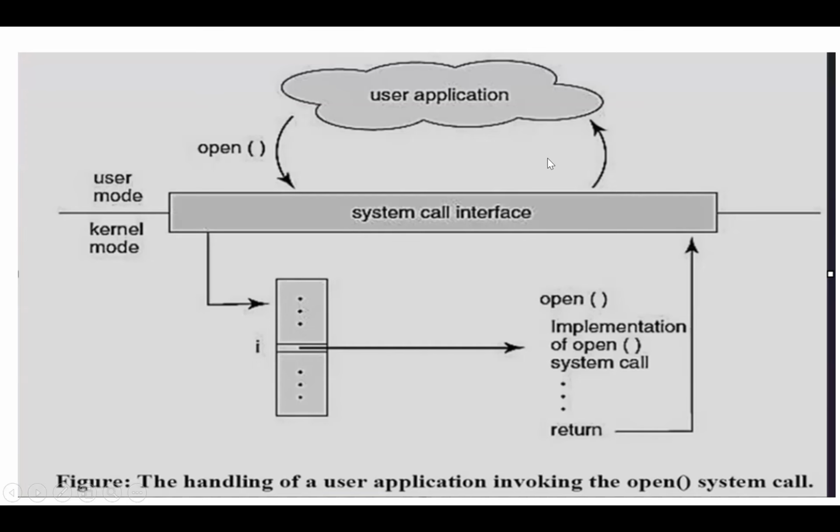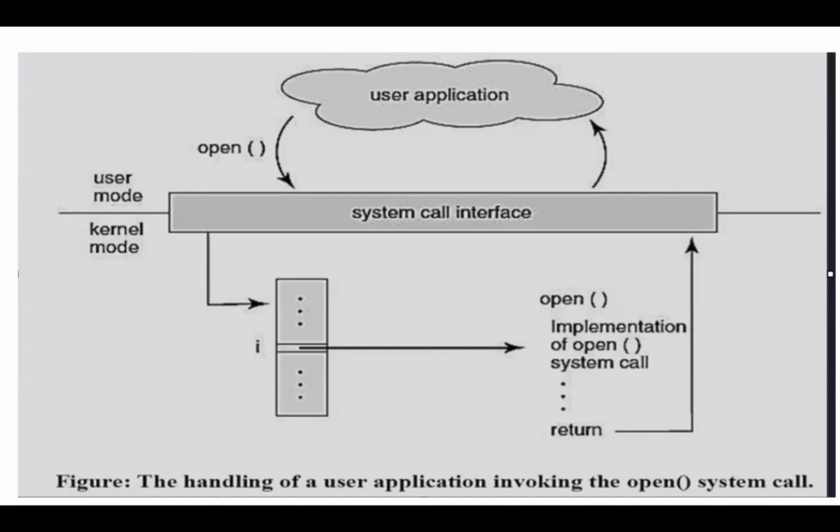Now see this figure. With the help of this figure, I will explain how the OS handles a user application invoking an open system call. Here you can see that a user application is being executed, and it is executing in user mode. While executing in user mode, an open system call comes, might be for opening a file.